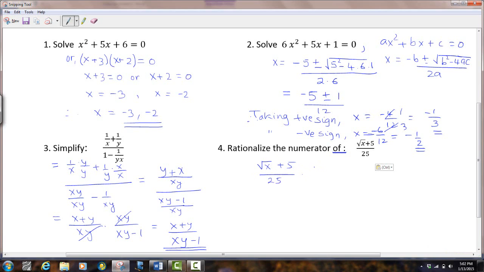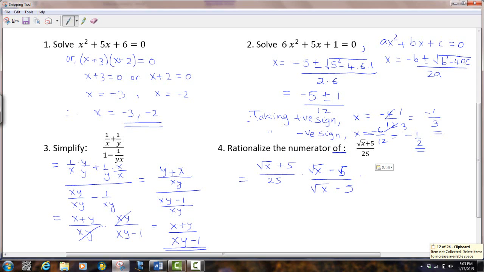The conjugate is the same expression, square root of x, but you change this plus to minus. So square root of x minus 5 divided by square root of x minus 5. You can do this because square root of x minus 5 divided by square root of x minus 5 is just 1, so it doesn't make a difference.